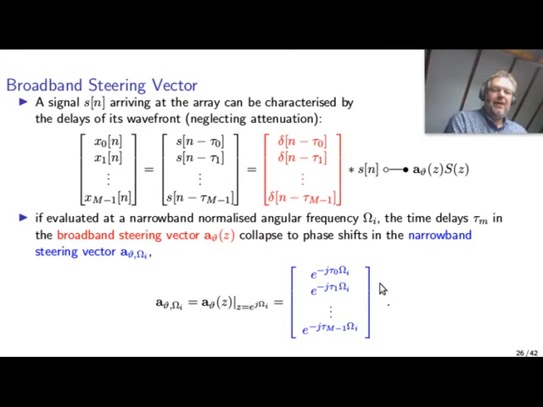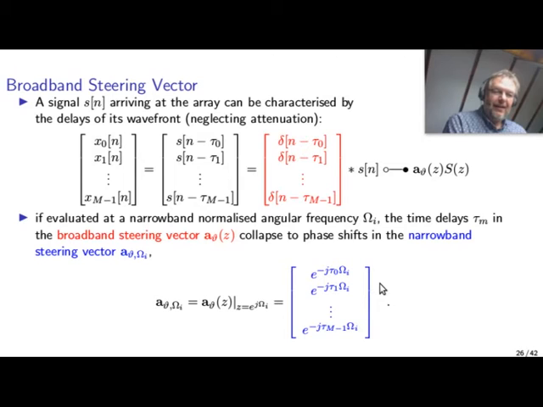In the Z domain, this vector of fractional delay filters becomes what's called a broadband steering vector. And if we evaluated this broadband steering vector at a particular frequency, i.e. if we go from the broadband case back to the narrowband case, then we simply obtain a vector of phase shifts.